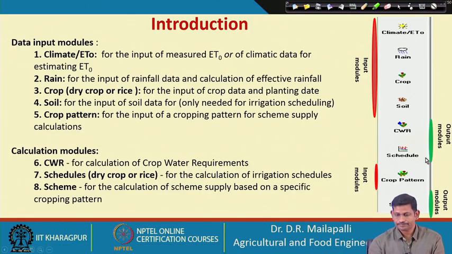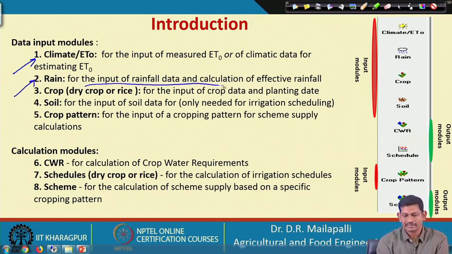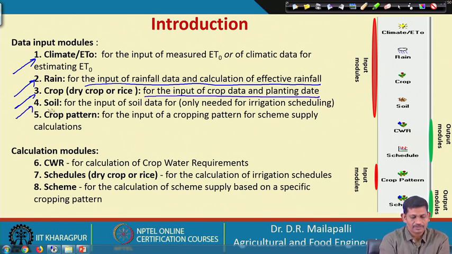Here are the data input modules. As I just mentioned, the climate or ET0: for input of measured ET0, and rain for the input of rainfall data and calculation of effective rainfall. Crop, for dry crops generally maize, and rice since it is a wet crop, for the input of crop data and planting dates. Soil is for the input of soil data, only needed for irrigation scheduling.